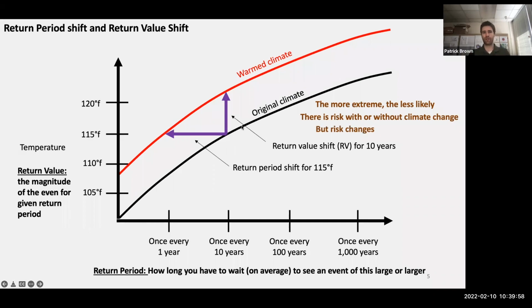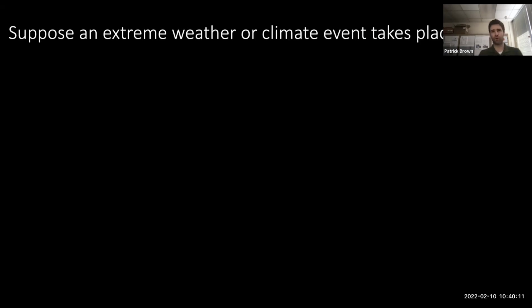It's just that the risk changes between the two climates. So we talked about that in terms of heat waves. We're going to move to more discrete weather events or phenomena like hurricanes.